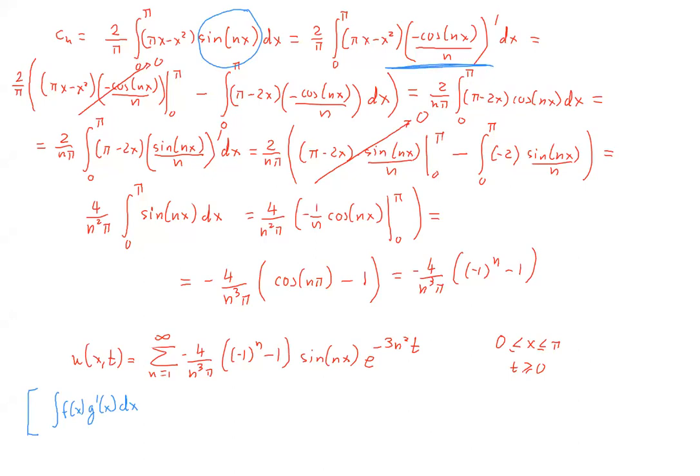Once this has been done, then this is f of x, g of x, and then you take the prime from the one function and you put it on the other function. And of course, I want you to understand that the corresponding formula holds for the definite integral.